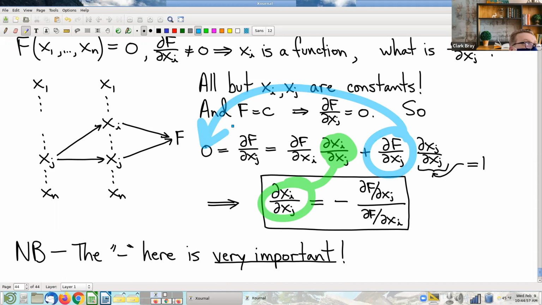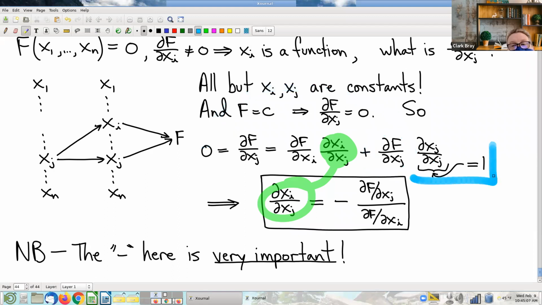Because we're solving for the green one. If this one term is 1, then any derivative of that equals 0. No, I'm saying that this derivative is 1. That's separate. The derivative itself is 1. Okay. Is that cool? Okay.